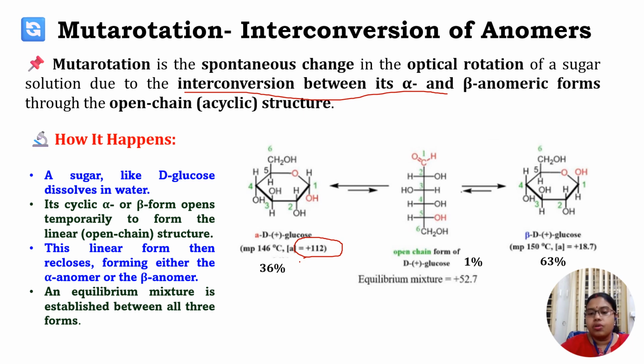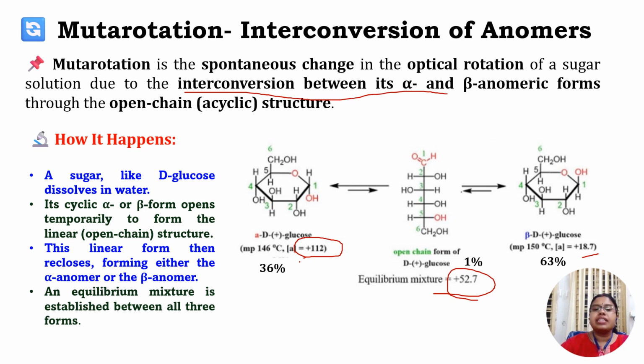Similarly, beta D-glucose has a value of 18.7 degrees. So if alpha D-glucose is dissolved in water, then the specific rotation value will decrease from this 112 degrees, and if beta D-glucose is dissolved, then the value increases from 18.7 degrees to 52.7 degrees.